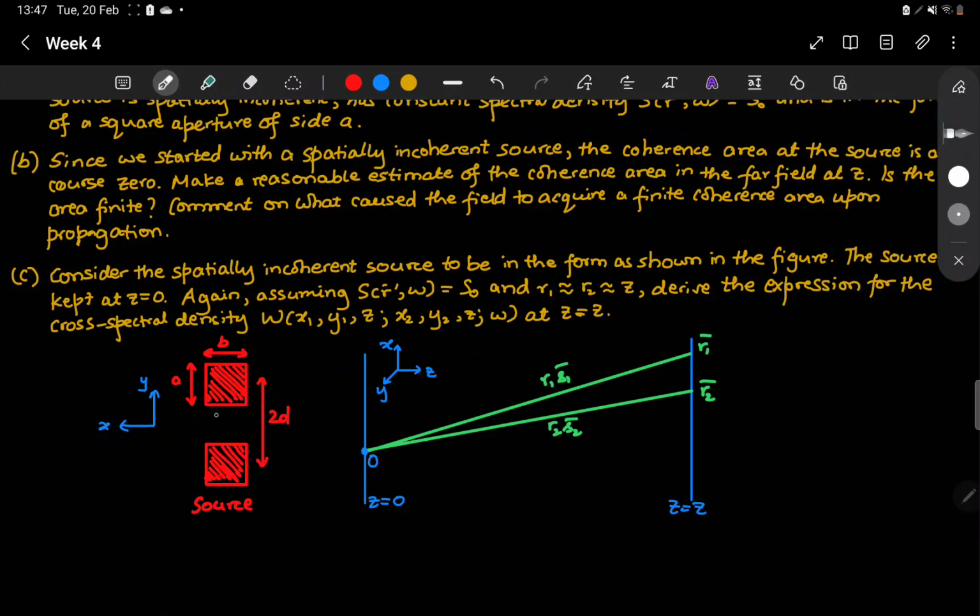It is basically 2 square-shaped apertures separated by a distance 2D. Center to center distance is 2D. Then this source is kept at Z equal to 0. And the source, let me clarify, is at Z equal to 0. And then the field propagates, and then we are looking at a finite value of Z.